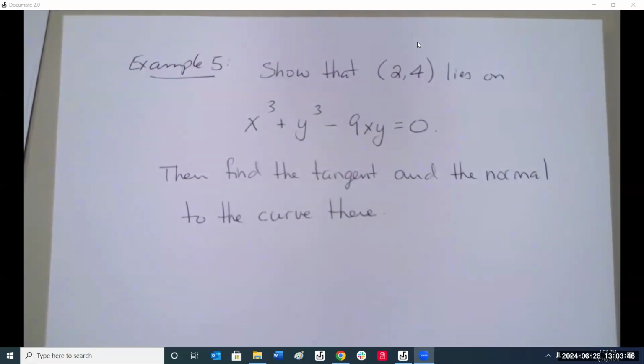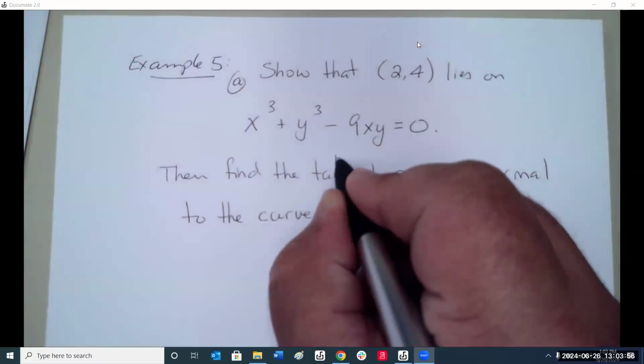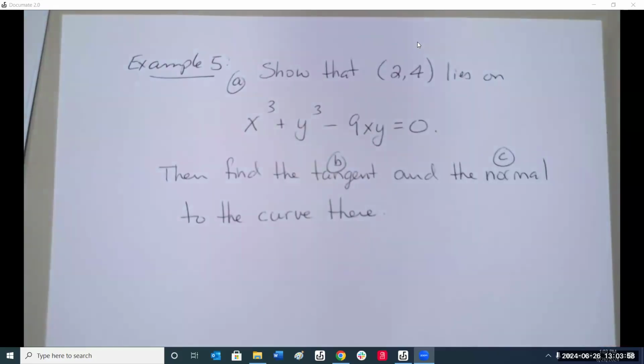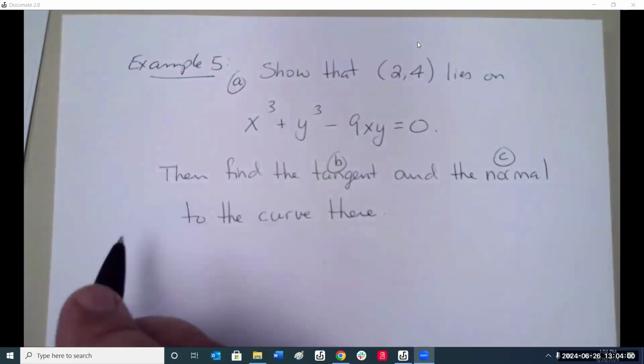So first off, how do we show that that point is on that line? This is part A, this is part B, and this is part C. How do we do part A?